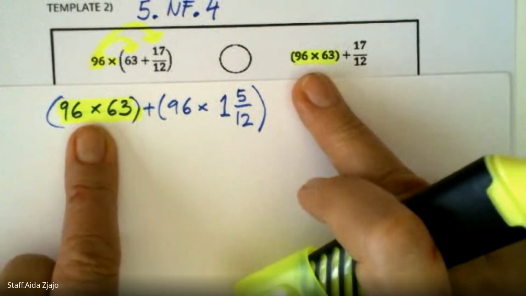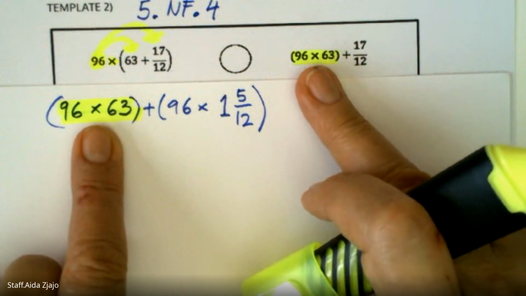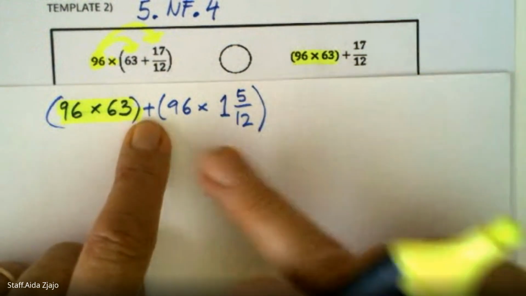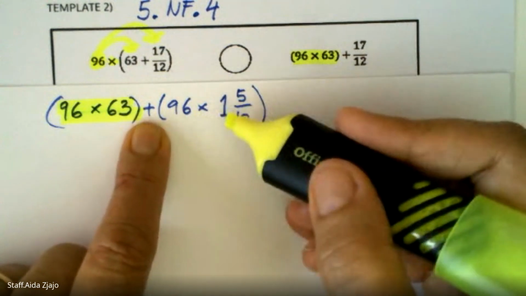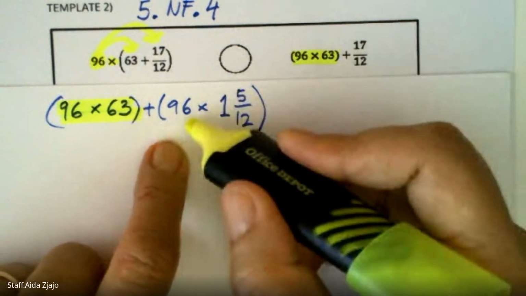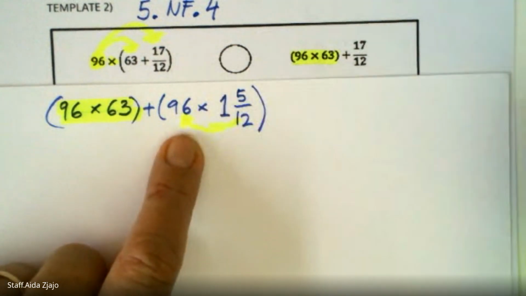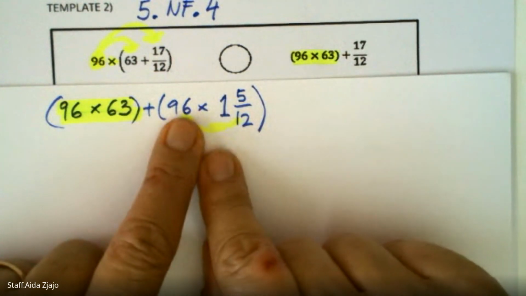So those are equivalent products. Now on this side, you will also add 96 times 1, which is 96, plus 5 twelfths of 96. So this is going to be more than 96.